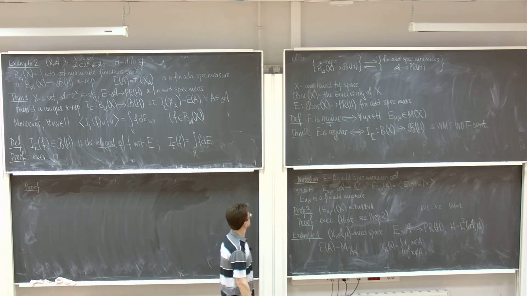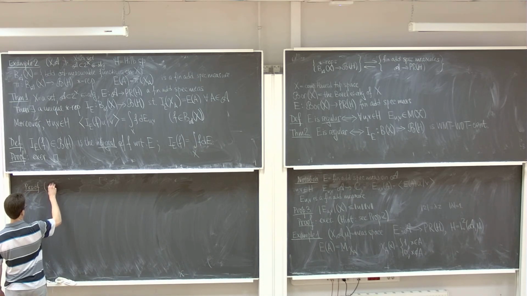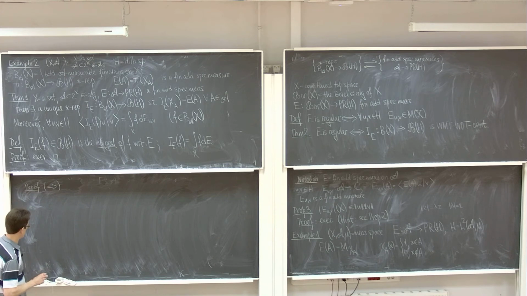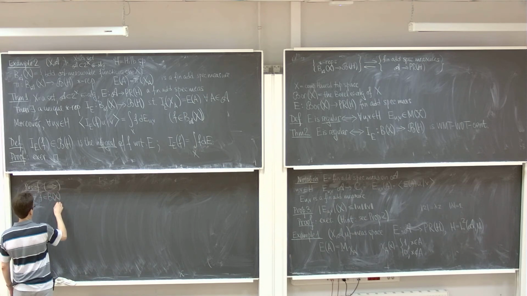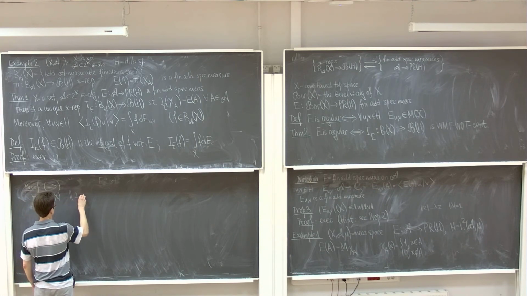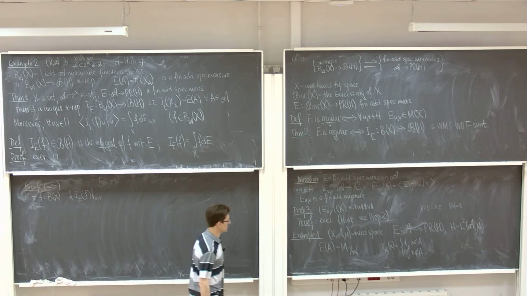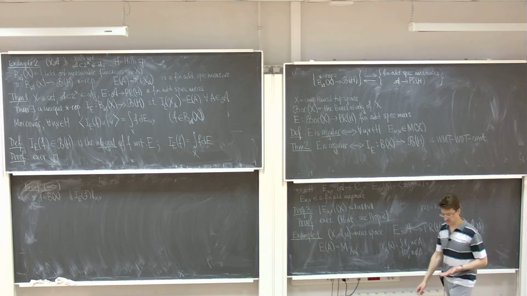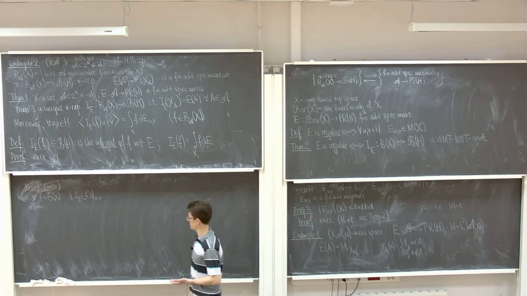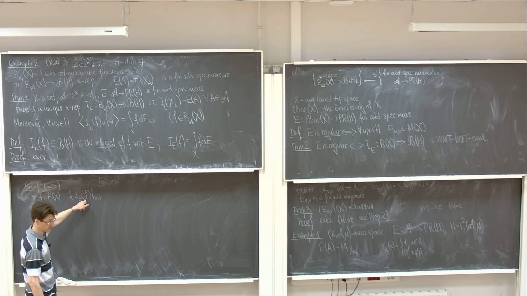Well, the left to right implication is pretty straightforward. Suppose that E is regular. So we take a bounded Borel function f, and let's look at the following seminorm. This is one of the seminorms on B(H), which generates the weak operator topology. By the general continuity criterion for linear operators, we must show that the seminorm is dominated by finitely many seminorms that generate the weak measure topology. But what is this?